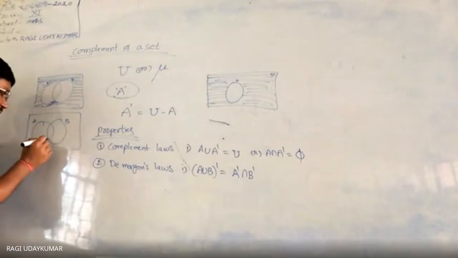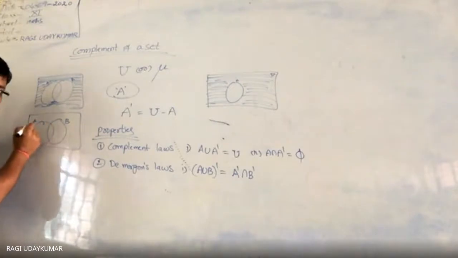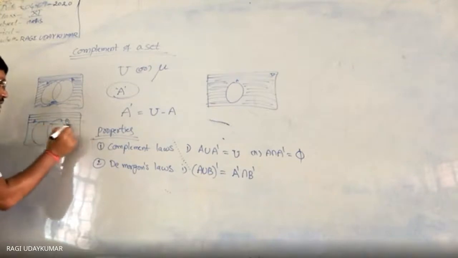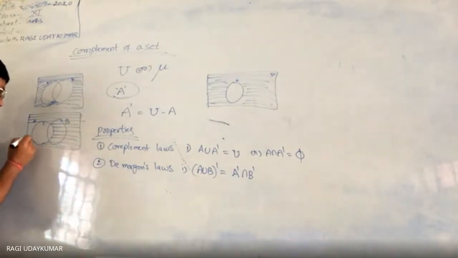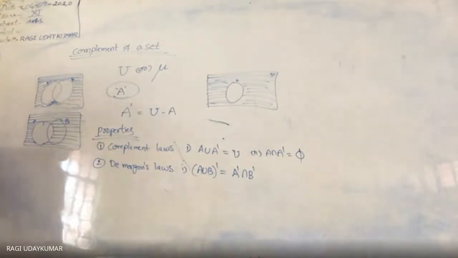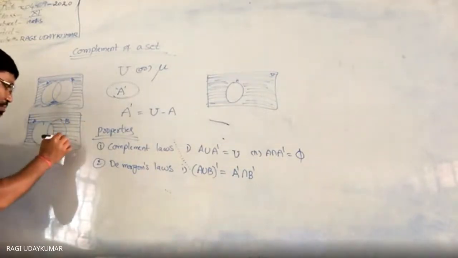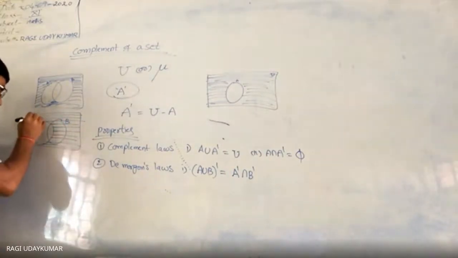So A complement is this, leaving this one, the whole remaining. And if you want to draw B complement, B is this, leaving B, that is B complement.